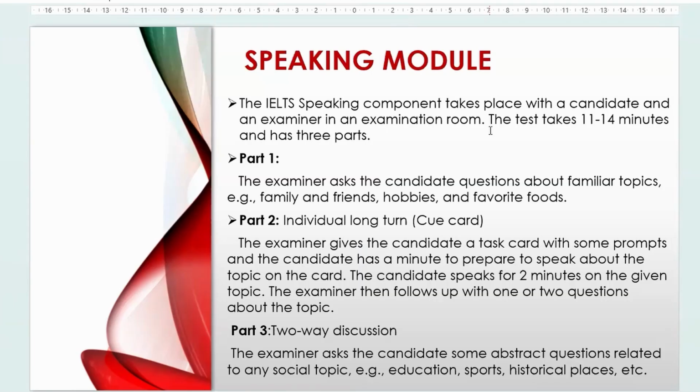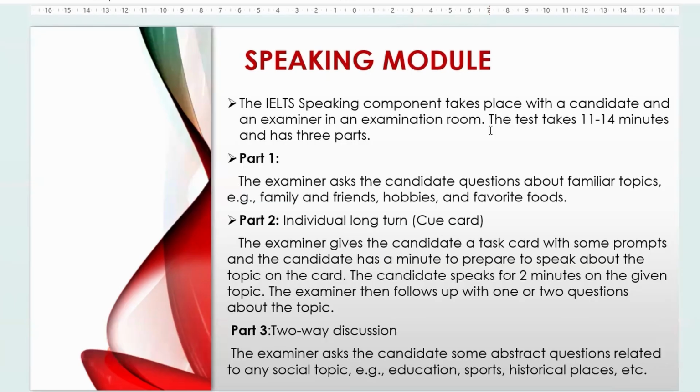The next part is part 2, which is widely known as the cue card question. In the cue card question, a person will be given a topic, and one will get 1 minute or 60 seconds to prepare the answer, and one has to speak for 2 minutes.